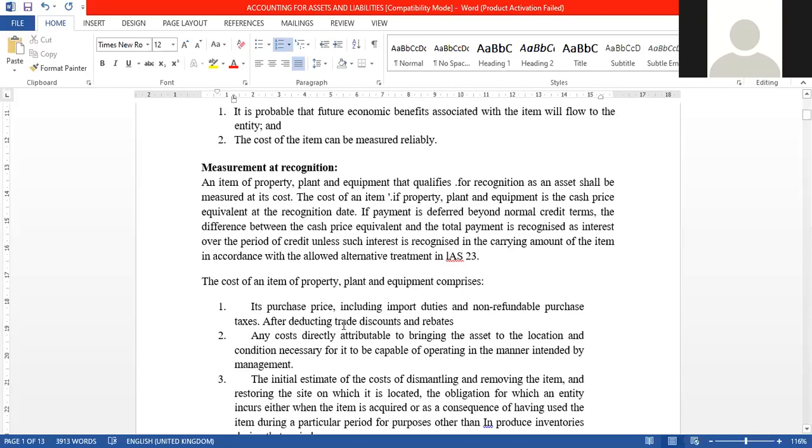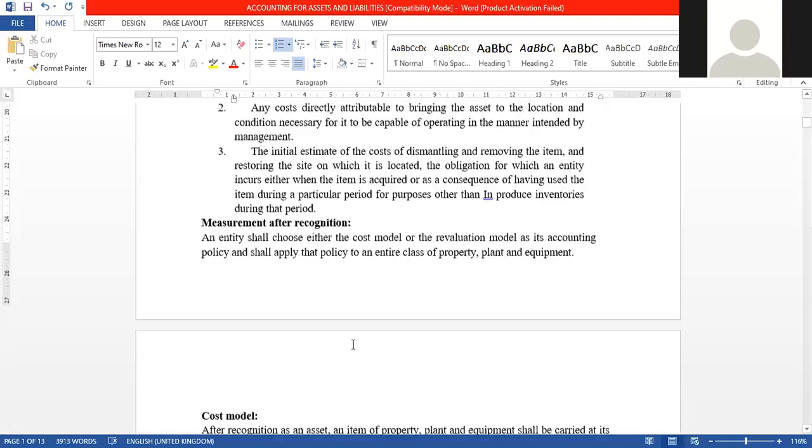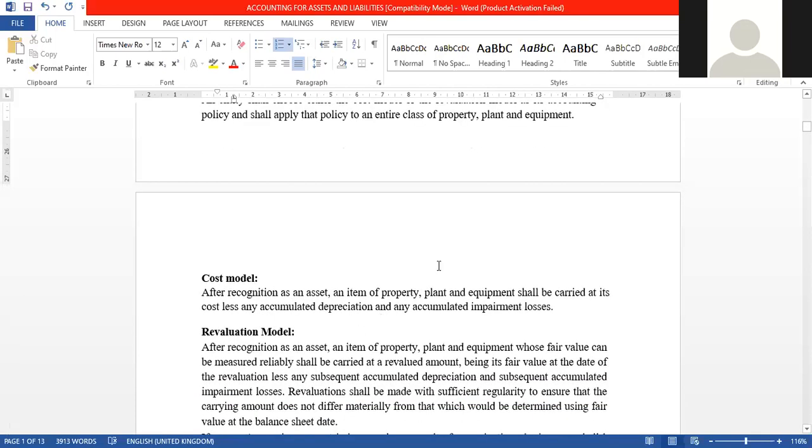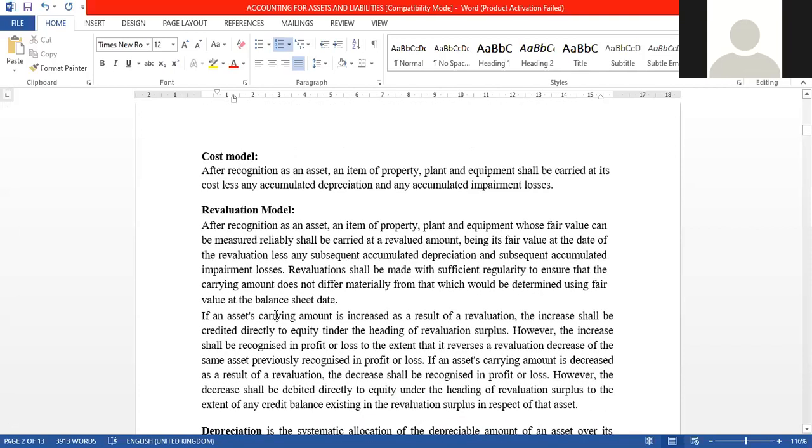I hope that is making sense. And therefore, it would be important for us to calculate what we call depreciation, so that the depreciation is taken to the profit and loss account, and then in the balance sheet, we reduce the balance of the vehicle by the depreciation for that year.